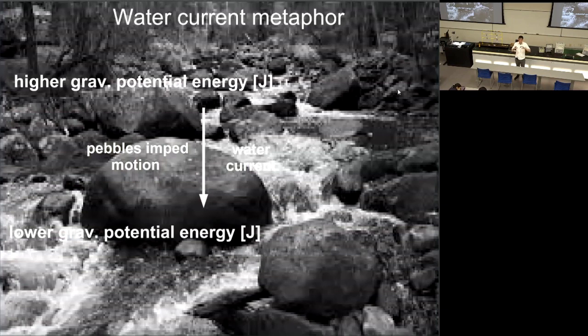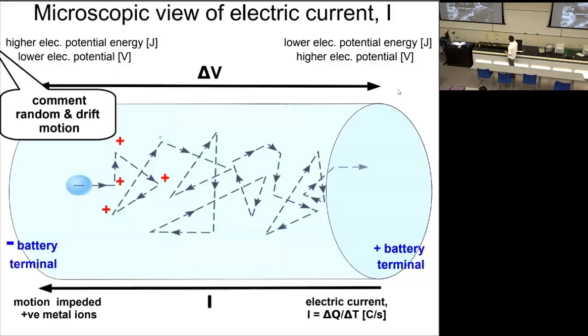So we can take this analogy beyond just the flow of water or the flow of electrical charge, to things impeding the flow of water, like rocks and pebbles, to things impeding the flow of electrical charge in metals, which is the positive ions in the metal. Okay, so we're going to think about that a little bit.